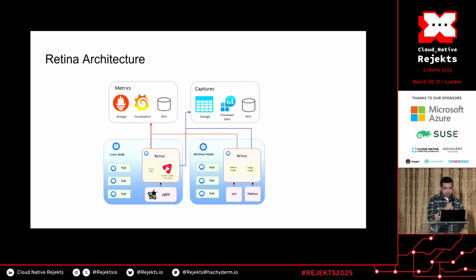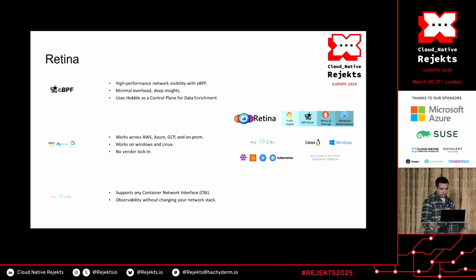And then this data gets enriched with a control plane part, which relies on Hubble, open source developed by Cilium, and then this is forwarded to the observability part. So that being said, I think these three pillars define and differentiate Retina. First of all, it's eBPF based.